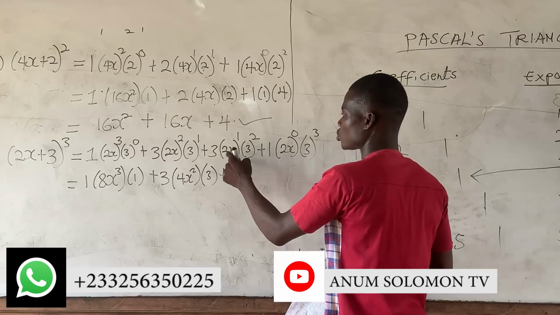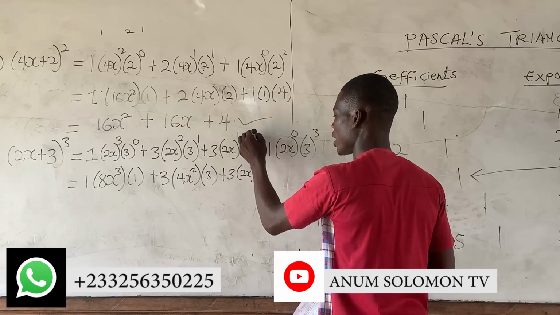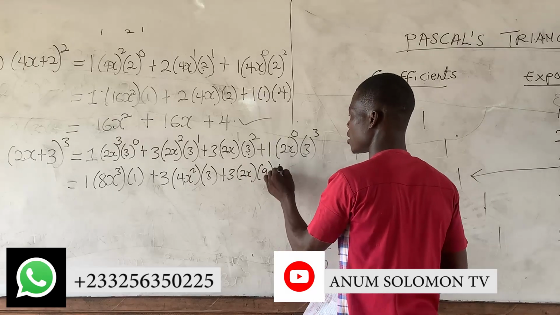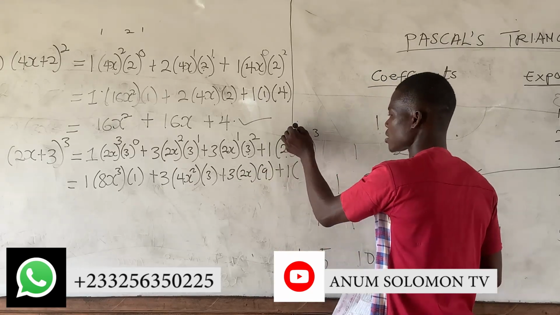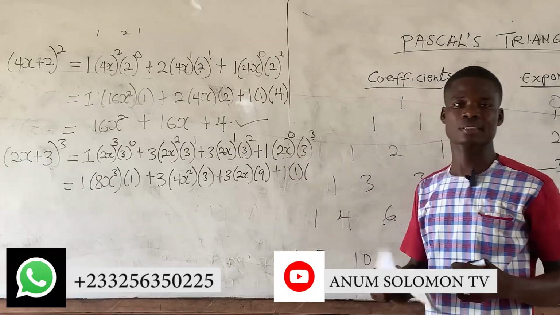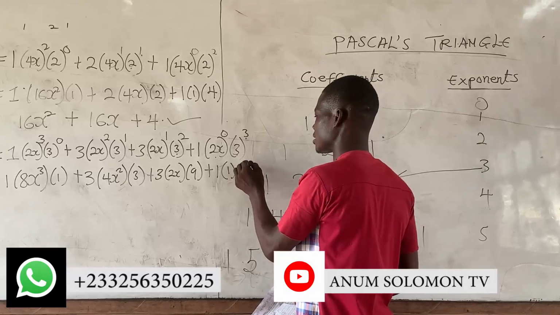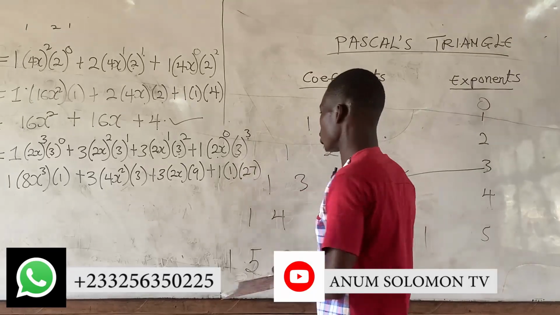Plus 2x power 1 is 2x, so we have 3 of 2x, 3 squared is 9. Plus 1: 2x power 0 is 1, 3 cubed is 3 times 3 times 3, which is 27.